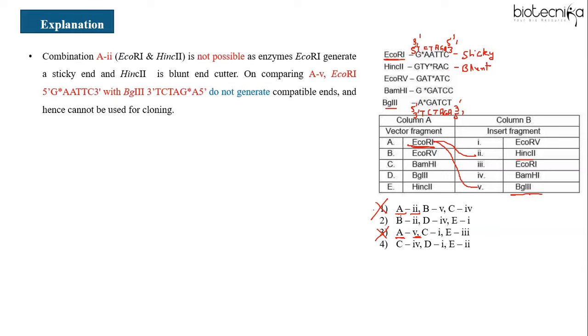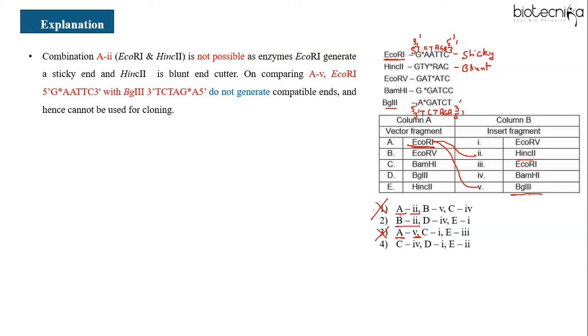So I will write down the complementary sequence, that is T, C, T, A, G, A, and place it here to check whether complementarity is there or not. We can see that they are not compatible. The sequences are not complementary. So this combination of enzymes will also not be used. Therefore, the answer will be between option 2 and 4.